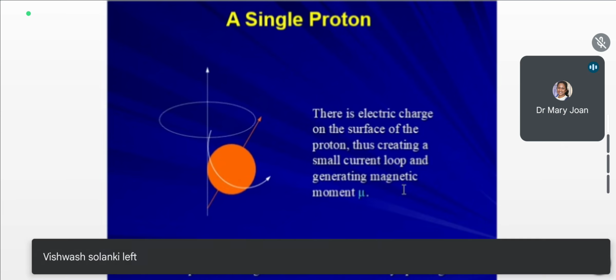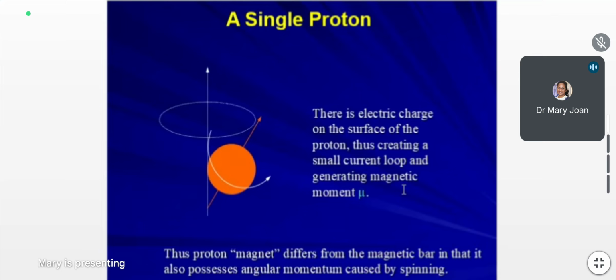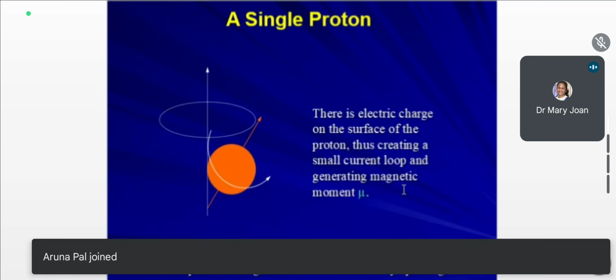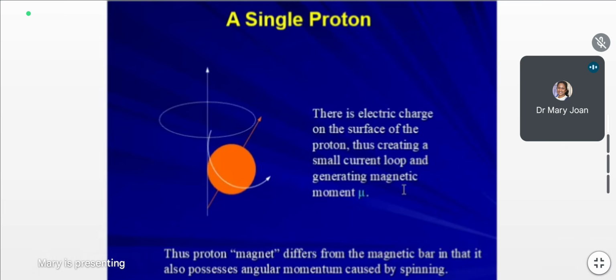If this positively charged proton spins, then a small current loop is generated with a magnetic moment mu. Thus the proton magnet differs from the magnetic bar in that it also possesses angular momentum caused by spinning. That is the basic difference between a conventional magnet and a proton magnet. It has angular momentum caused by the spinning of the proton along its axis.